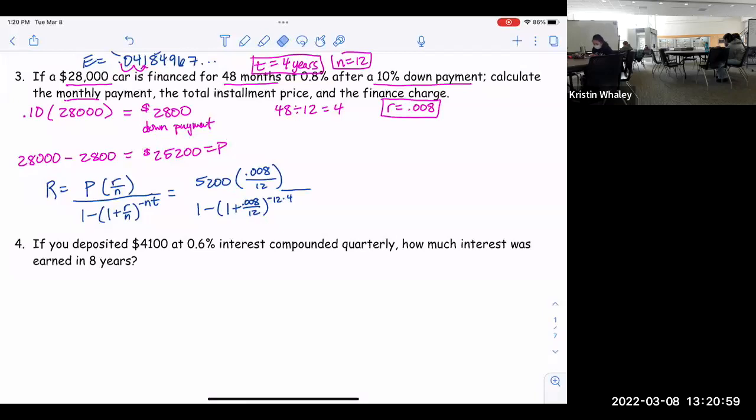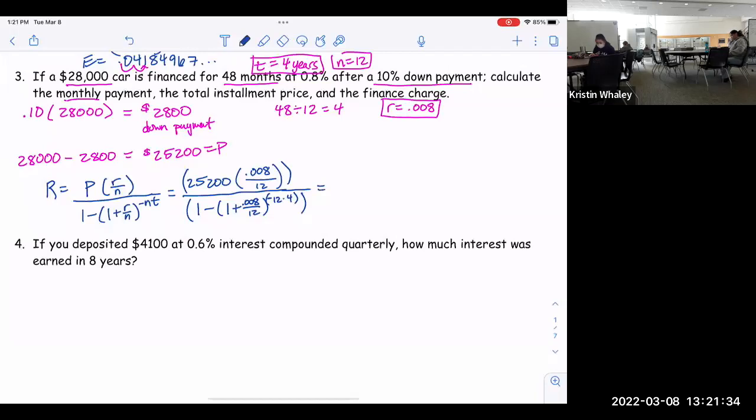So I would put extra parentheses around my whole numerator, around the whole denominator, and also around that exponent, negative 12 times 4. Also, on the TI-30 calculator, when you put in your exponent, make sure you use the negative button and not the minus sign, because it will give you an error message if you use the minus instead of a negative.